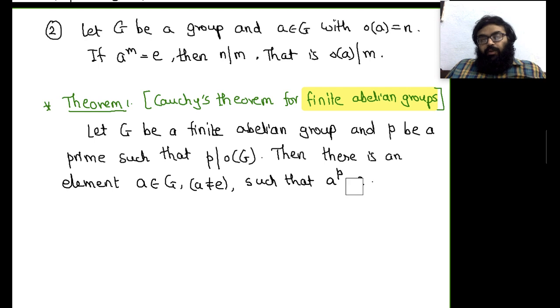So there is a non-trivial element such that a raised to p is the identity.